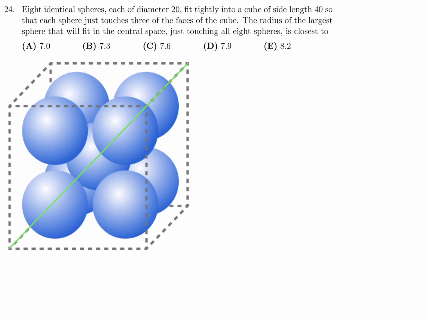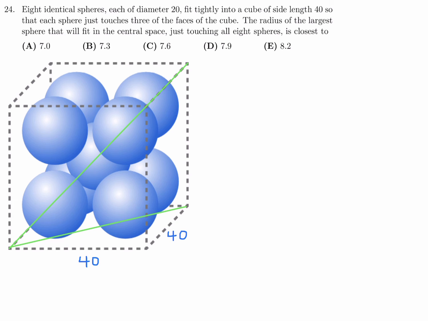The length of that diagonal we can find, but we have to look at a few other triangles first. The first triangle we have to look at is this one right here. That one has dimensions as follows. This is 40 and this is 40, right? Because the side length of the cube is 40.